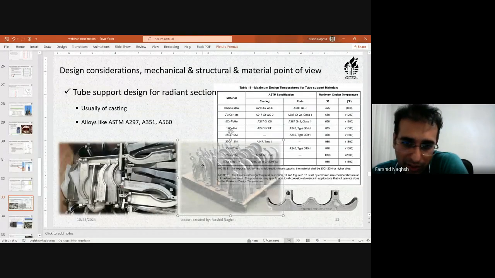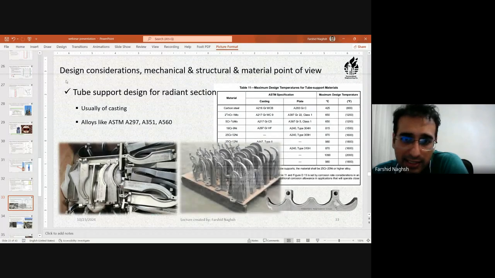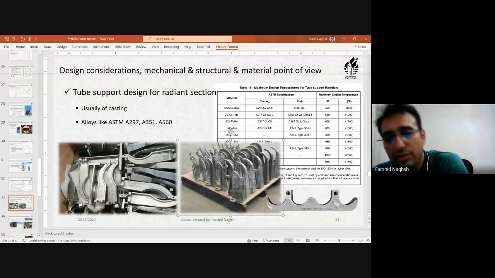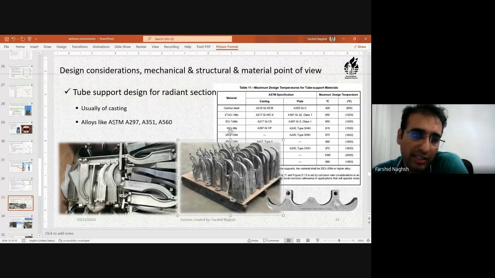These are spoon types. I have reduced its transparency. You see that? These are the spoon type supports.